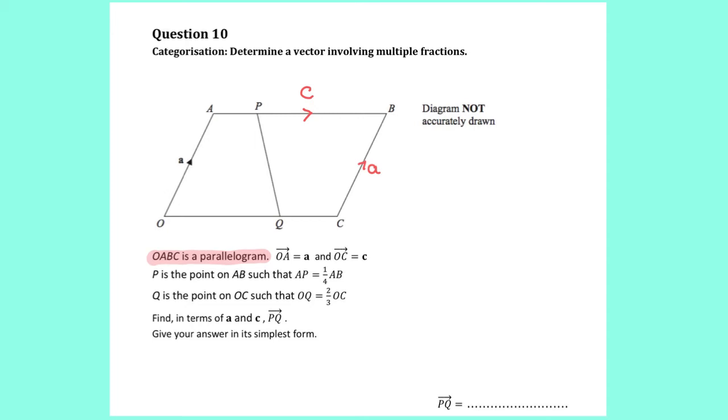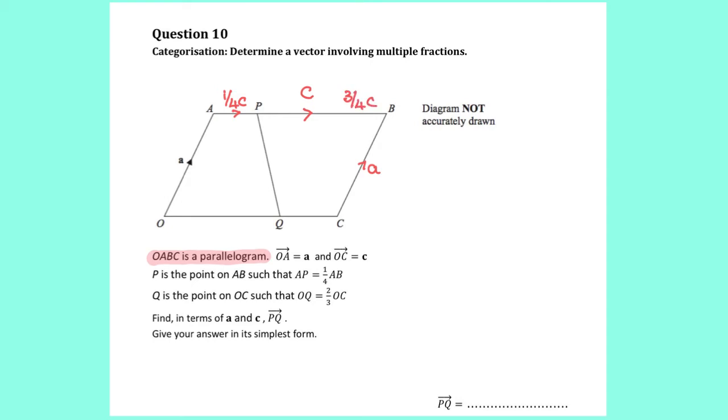So AP is 1/4 C. That means that PB is equal to 3/4 of C.